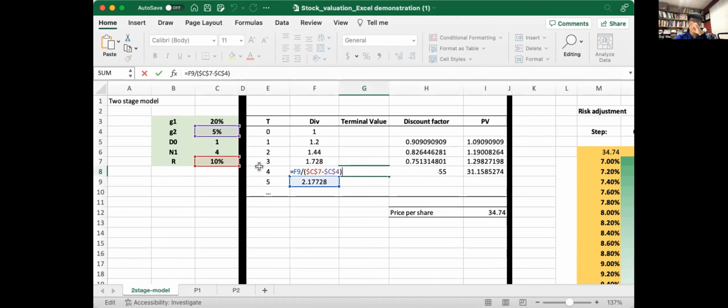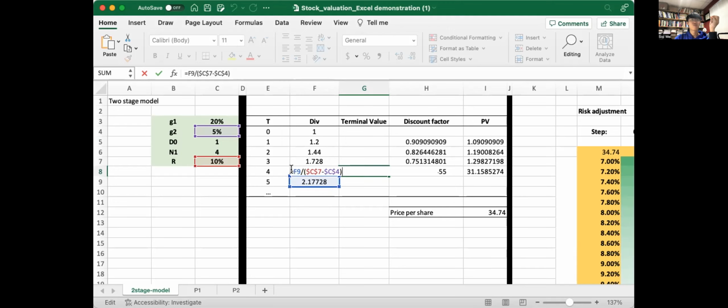Okay, let me repeat that again. You are going to discount back all the future expected cash flows on the second stage to the ending point of the first stage.